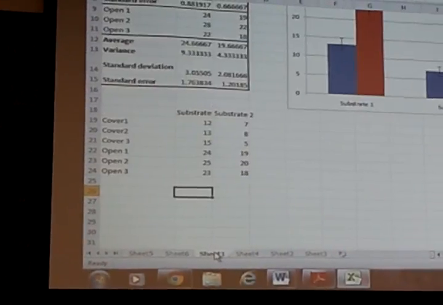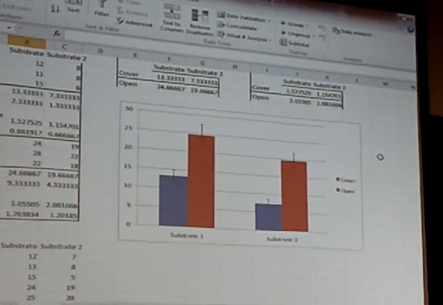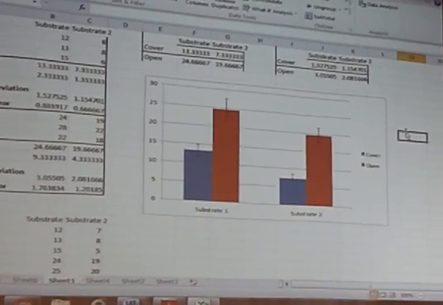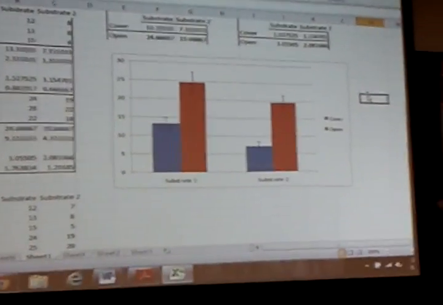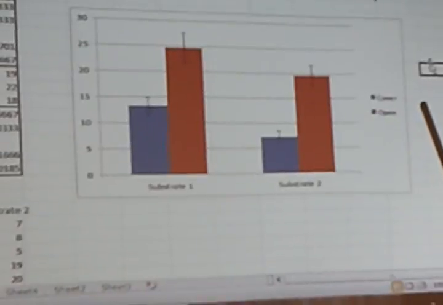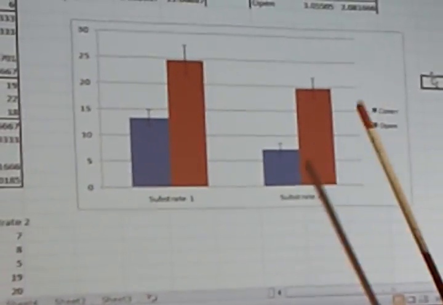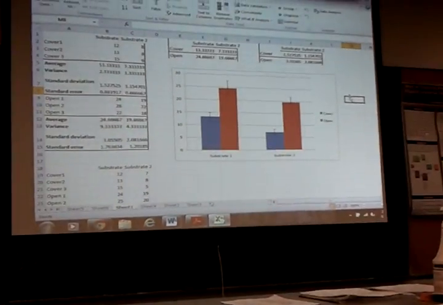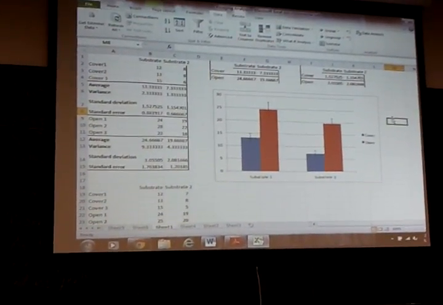All right? So you want to report all those values, and then it wants us to create another graph. And this will be your only graph in your report. Okay? So again, what it asks us to do is report the means. So it wants us to report the averages for both of our independent variables.